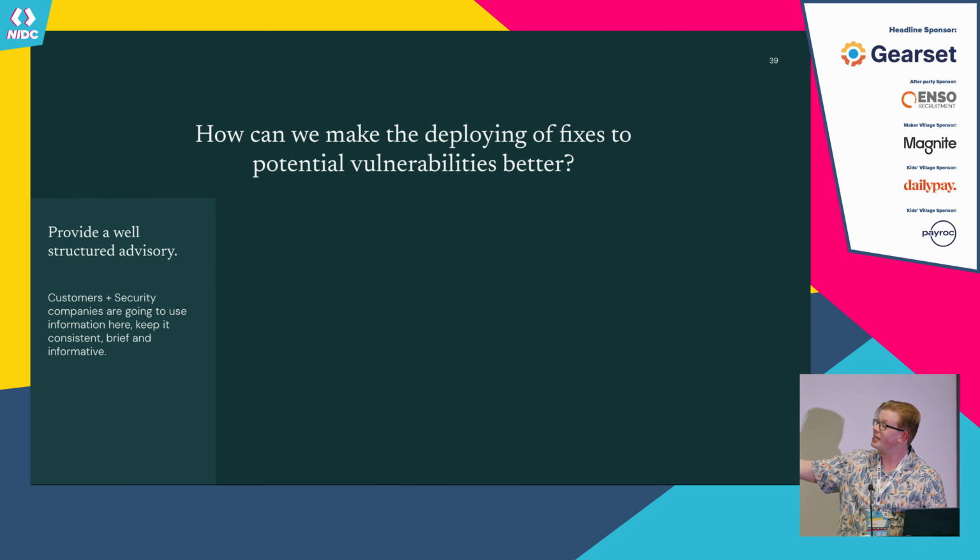And from a security company perspective, having these well-formatted advisories, or even better, a machine-readable feed, if anybody can do that for me, I'd be really appreciative, allows us to automate this stuff so much quicker. It should make it easier for your customers to actually address it, and also allow the companies that they use for their vuln management or other cybersecurity tooling to alert them of the actual issue that they need to resolve.